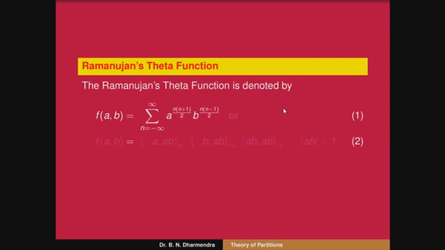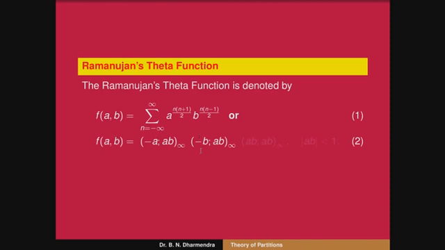Suppose in terms of infinite product, that is q-shifted factorial, the Ramanujan function can be defined as f(a,b) equal to the product of the first term, minus a; the second one, that is the base, minus b; and the last one, ab, all to infinity.